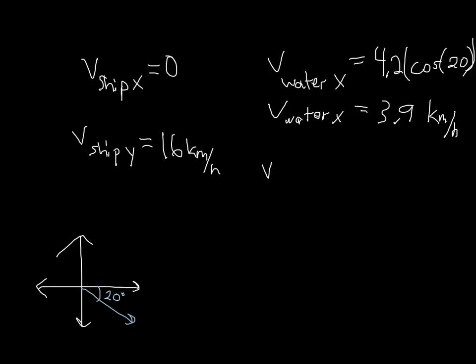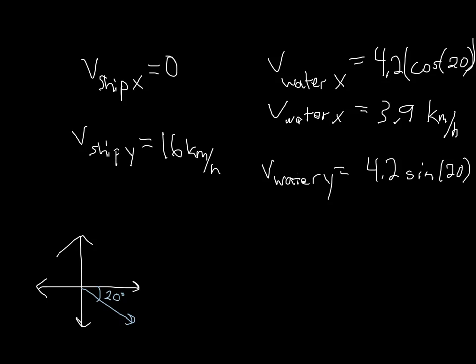How about the velocity of the water in the Y direction? 4.2 sine of 20. Got one question for you. That water looks like it's going south, right? It's going down. Negative. So it's going the opposite direction to where the ship's going, isn't it?